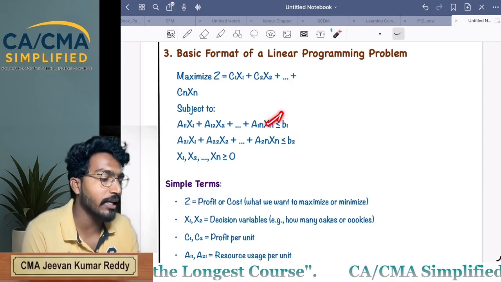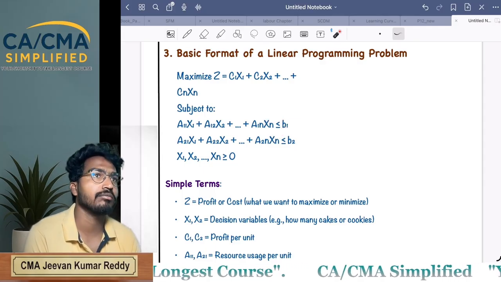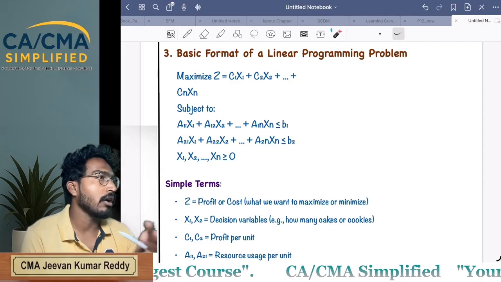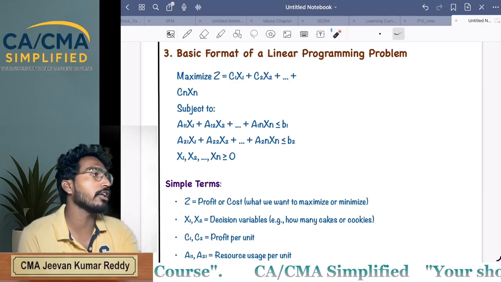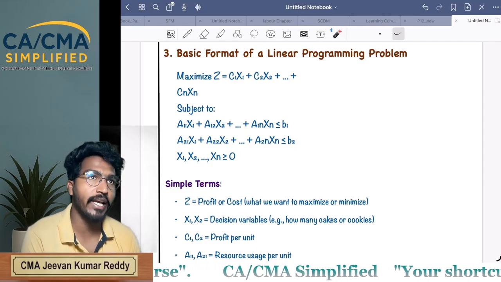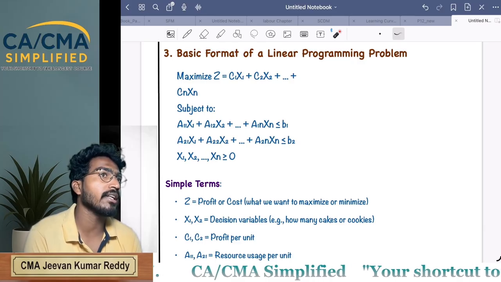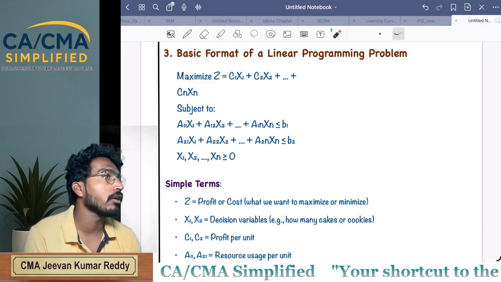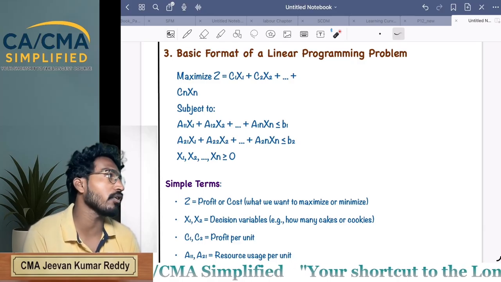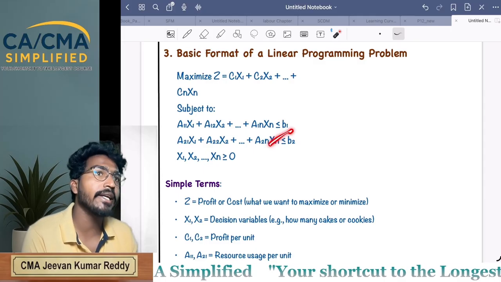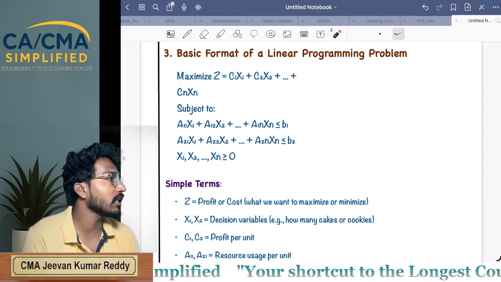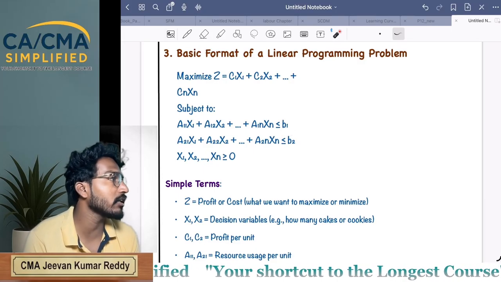So what are these constraints? Your limited factors. Like we already discussed in the bakery example, what are our limited resources there? We have only 10 kgs of flour and 8 hours of time. That is our limited resources.